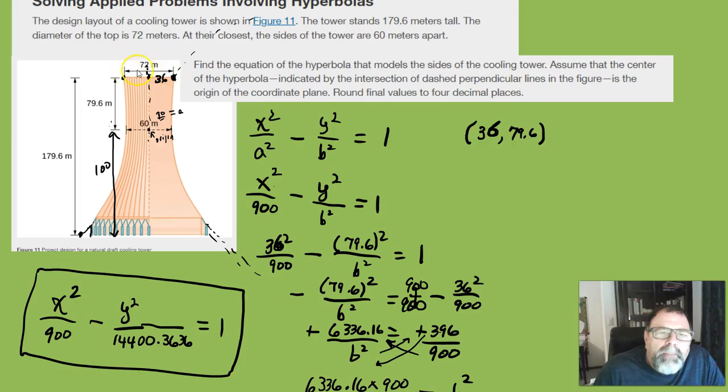Then they gave me this figure, and because of the axis of symmetry, this is 36, 36. So this point on the hyperbola is 36 for x, and then it's up 79.6. That's where this point came from. I plug it in for x and y, and then I just have to solve for b squared to get my equation, because that's the only thing missing.